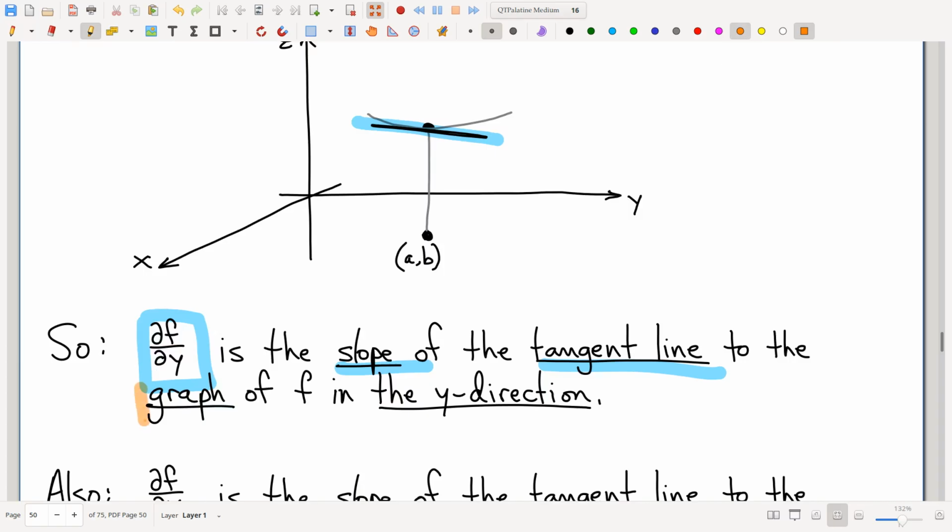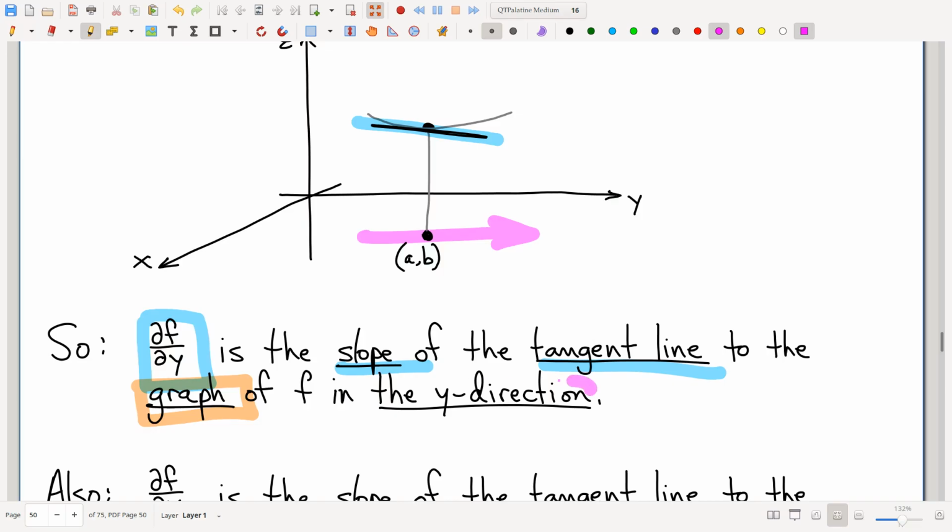Don't forget that this is only of the graph. They don't make a big deal out of this in Calc 1 because in Calc 1 every picture is a graph. They don't need to make a big deal out of it, right? But we do. Don't forget this. It's a slope only if you're looking at a graph. And the second thing you have to remember is there are a lot of different directions in which you could talk about the cross-section and therefore the resulting slope.